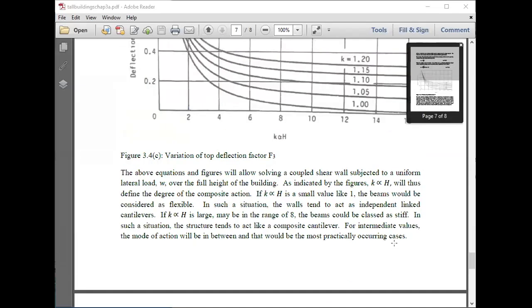So now we have to find N, because we are now trying to see what's the coupling action. So we have to use this equation.